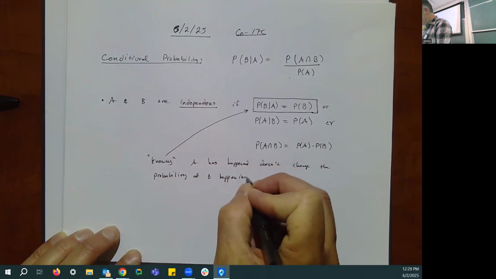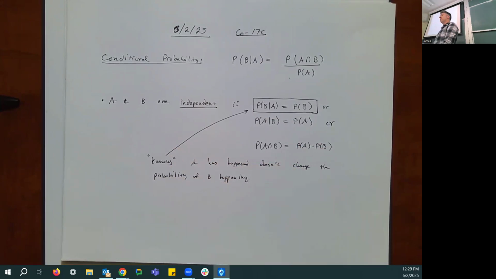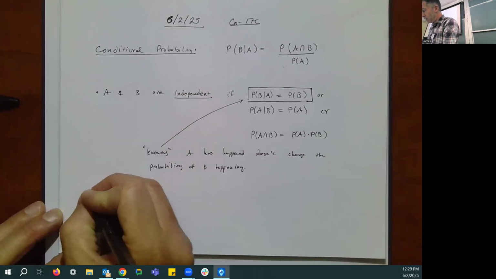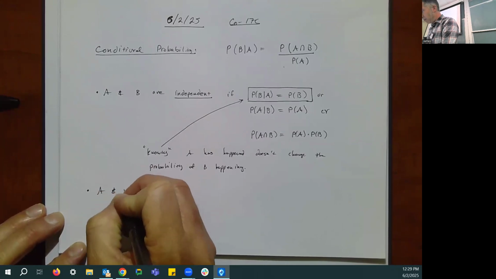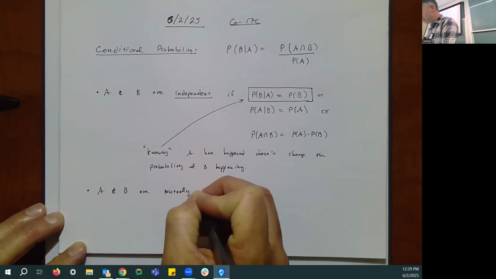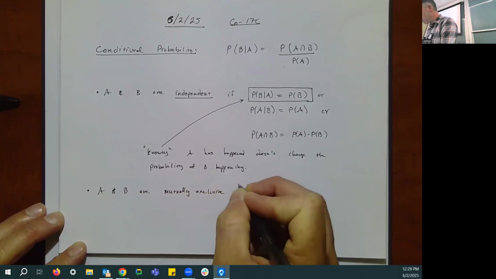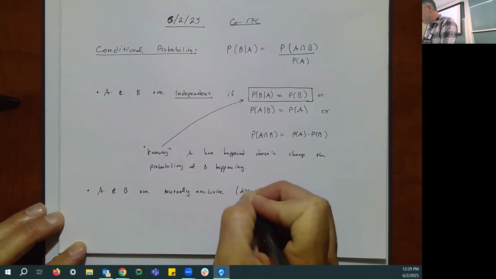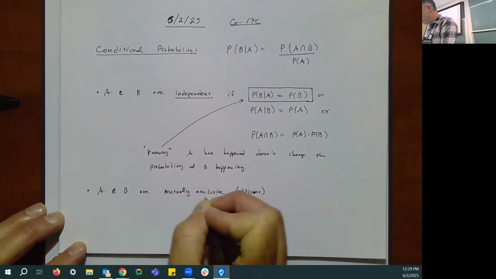I want to make a clear distinction here. This is definitely very different than two events being mutually exclusive or disjoint. Being mutually exclusive means if one happens, the other one cannot happen. So just to remind you, A and B are mutually exclusive or disjoint if there's no overlap.